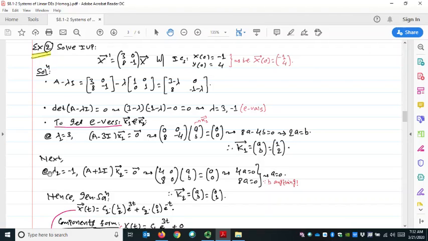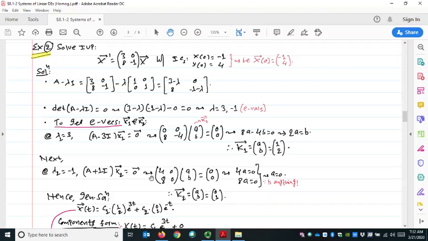Next, let's repeat the procedure for lambda 2 equals -1. Solve the vector equation (A plus 1 times I) k2 equals the 0 vector. Again, put lambda equals -1 in this matrix. 3 minus minus 1 is 4, so 3 plus 1 is 4. 0 as it is, 8 as it is, minus 1 minus lambda is 0.